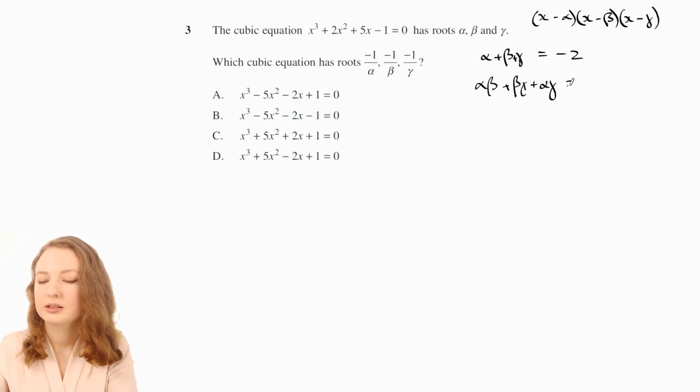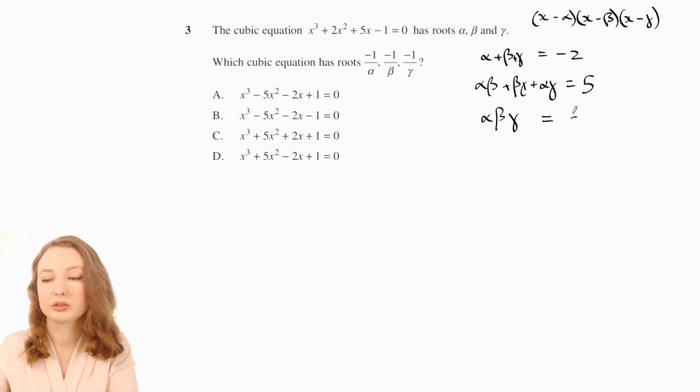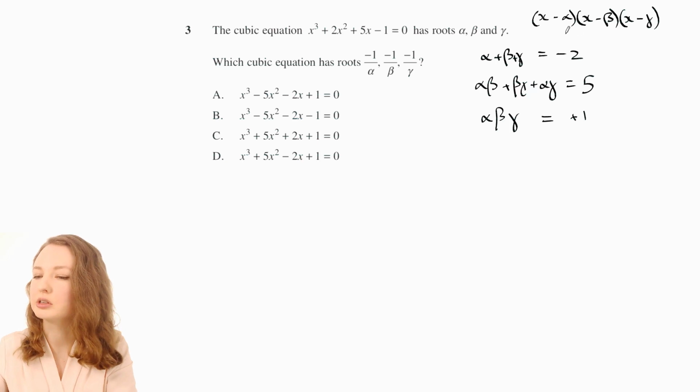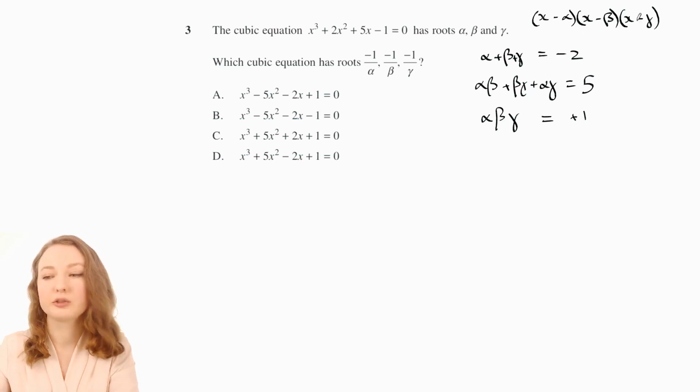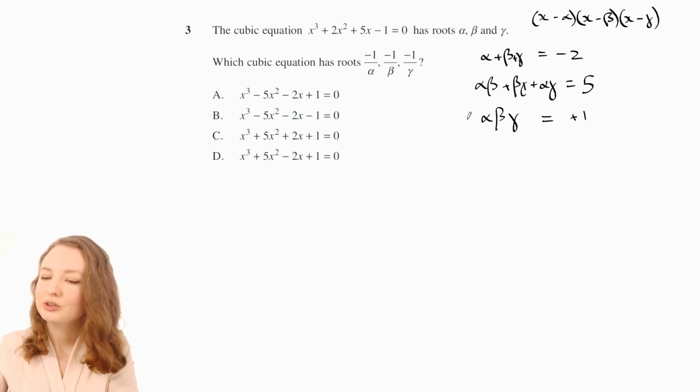And that one's going to be +5, because when we do 2 of them together, the negatives cancel. And then we've got alpha beta gamma is going to be equal to +1, so the opposite of that, because you get negative alpha times negative beta times negative gamma, which gives you negative alpha beta gamma. It's the -1. So we know that those are true.